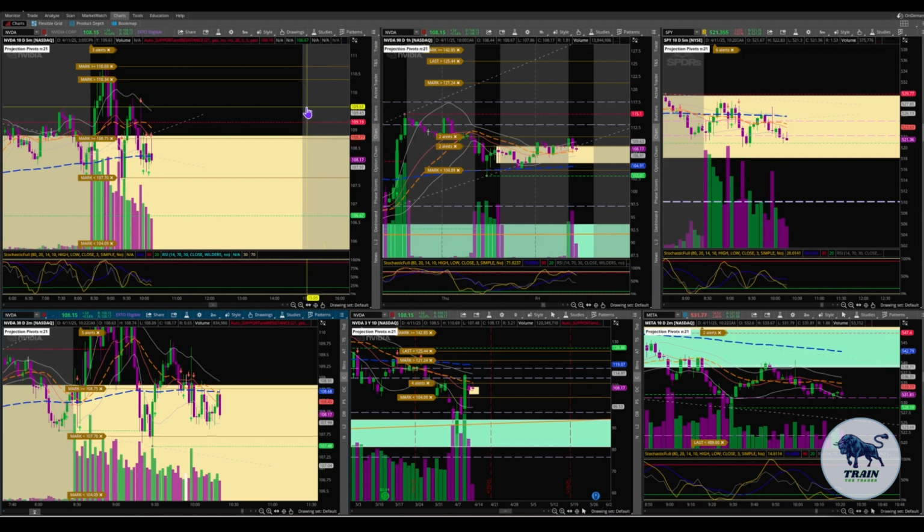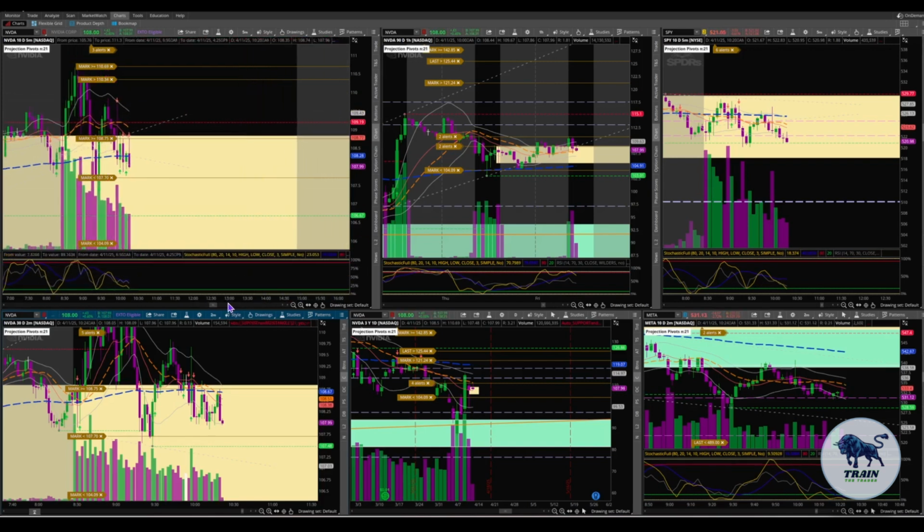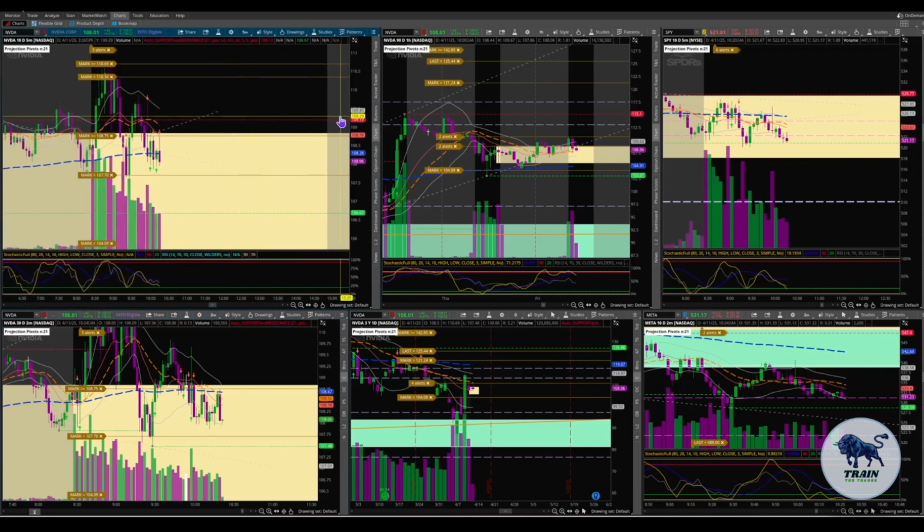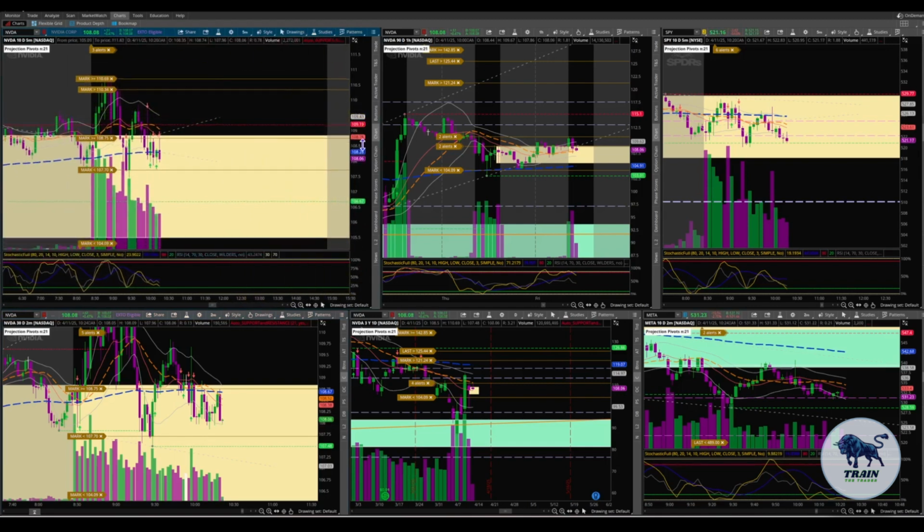So they just chop the price around, let people sit around and let theta decay burn the contracts up to where they become invaluable for buyers or sellers. So it doesn't surprise me what's going on. It's just kind of what they do on Fridays, which is why I really don't trade on Fridays. They really suck. Just comes with the territory.